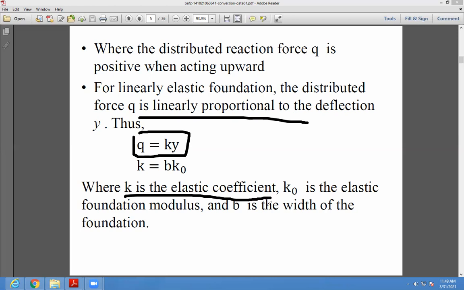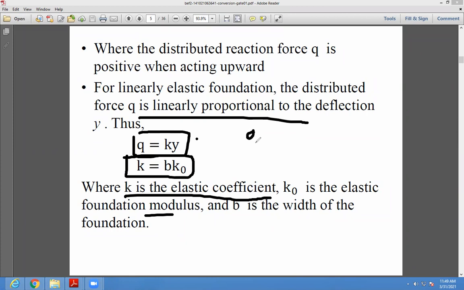As per the Winkler foundation model, K is equal to B K naught, where K naught is the elastic foundation modulus and B is the width of the foundation.